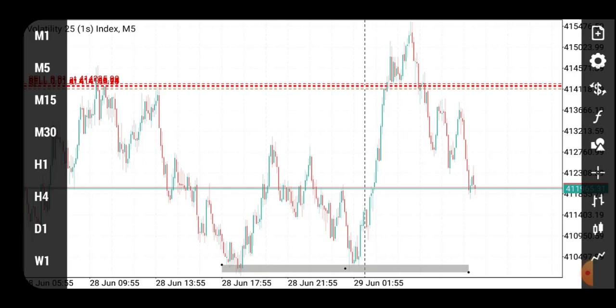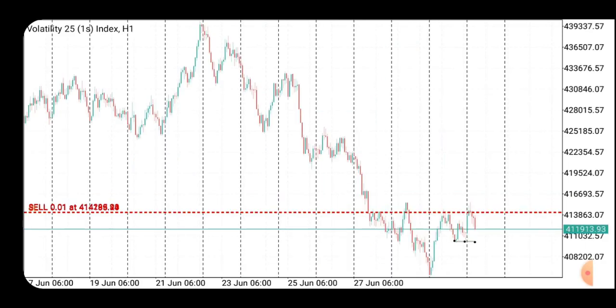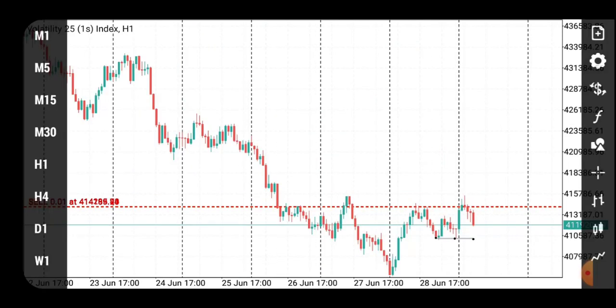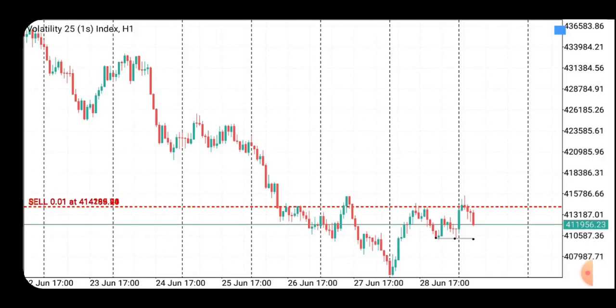If you go to H1, you will see that we have this beautiful area which we used to enter our trade. This is our order block. Most of you in the comments say I only use past data, I only explain my concept in hindsight.